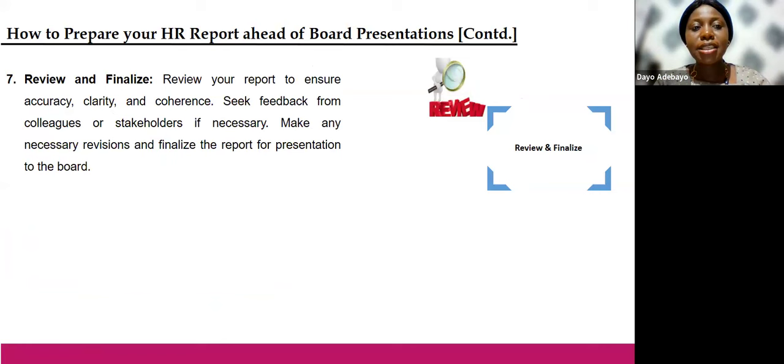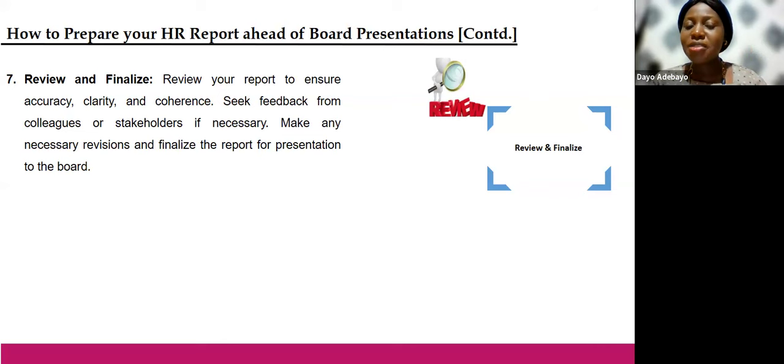Then we review and finalize. After you prepare your reports, review them to ensure accuracy. Data can be very funny, so you need to be very sure of your accuracy, because once they spot an error, especially when you're dealing with data, their interest in your report becomes questionable.